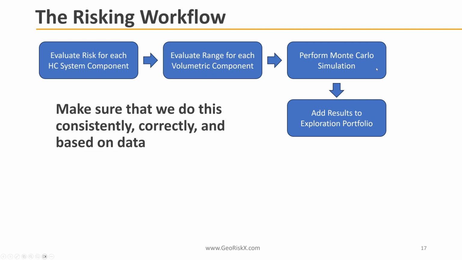And then once you've done that, this part will be essentially done for you if you have a good exploration system. All right, so that's the workflow that we're going to apply. In our next step, we're going to look at how you can assign the marginal probability for each hydrocarbon system component.